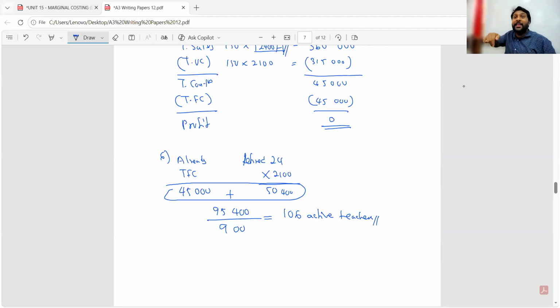From that you are getting a learning now. After the break even, whatever the contribution that you are generating is the profit.